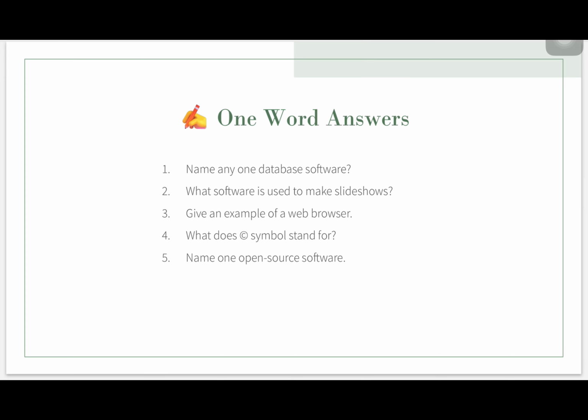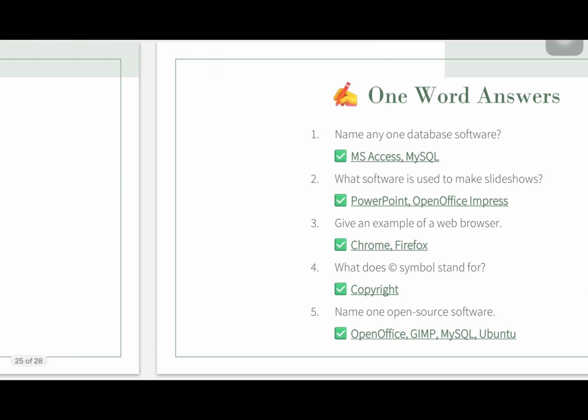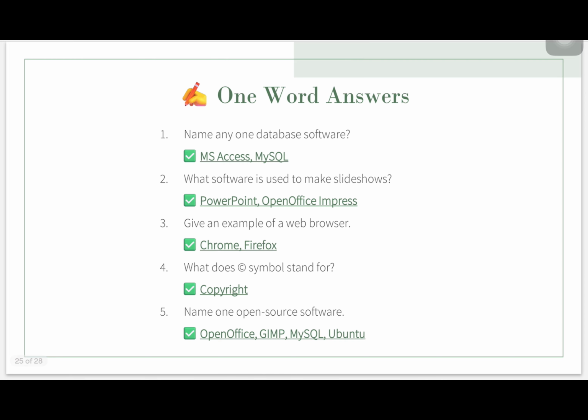That's why I am taking the example of GIMP again and again. Now see, MS Access, MySQL, PowerPoint, OpenOffice Impress, Chrome, Firefox, Copyright, OpenOffice, GIMP, MySQL and Ubuntu, correct? Ubuntu is an operating system, MySQL is a database, Photoshop is an app, and OpenOffice is a suite which has all apps included, right?